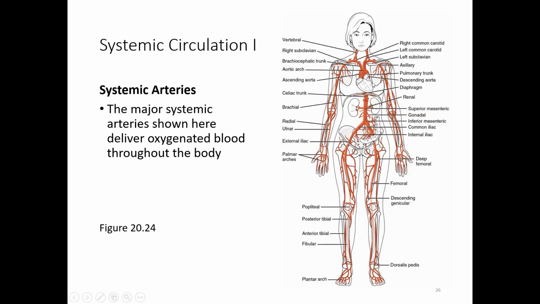Now systemic circulation. From the left atrium, blood goes to the left ventricle, and the left ventricle pumps it into the aorta. And the aorta, that's where systemic arteries start. The aorta gives a lot of branches.